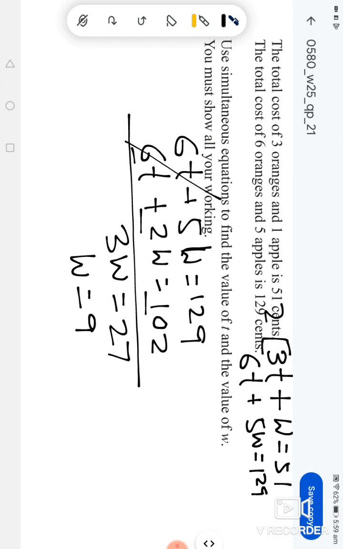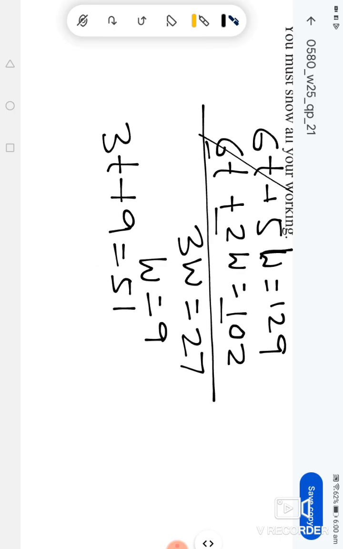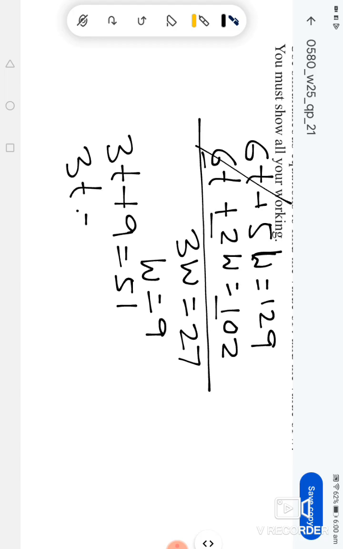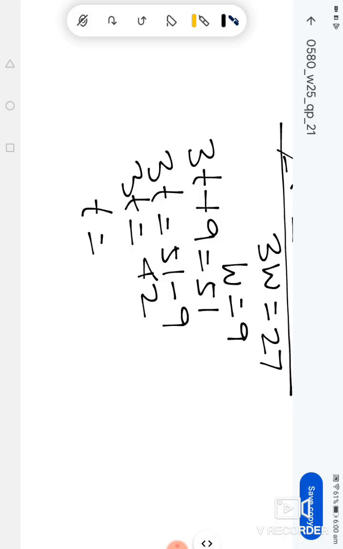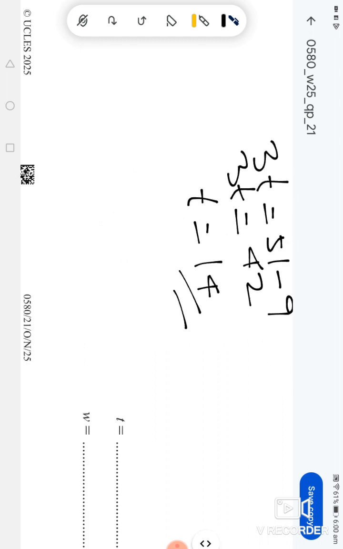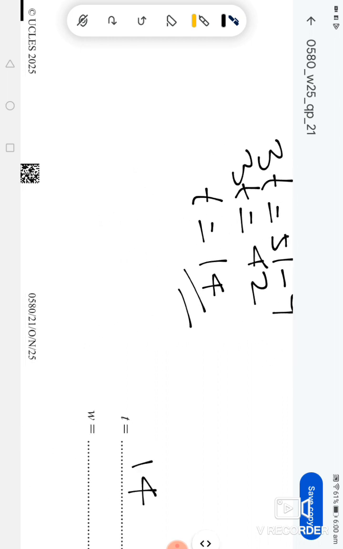Now find T. We have 3T plus 9 equals 51. 3T equals 51 minus 9. 51 minus 9 is 42. So T equals 42 by 3, which is 14. So T is 14 and W is 9.